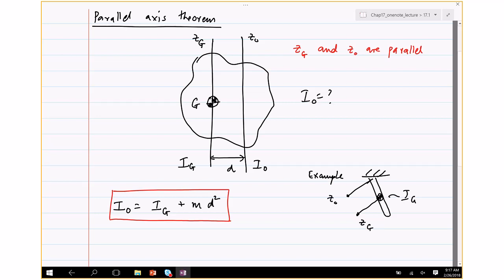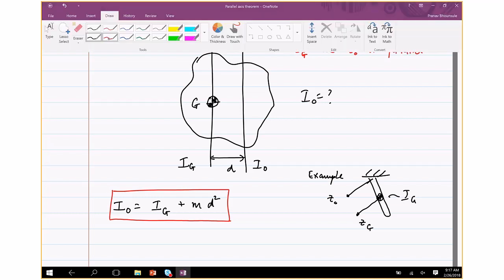So you can use the formula for IG, the mass, and the distance between the ZO and ZG axis, to find the inertia about the axis about which this pendulum is rotating.